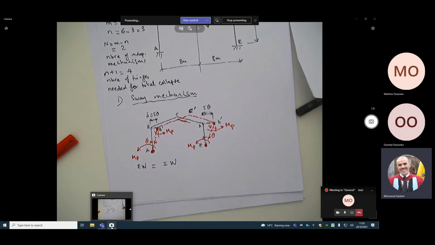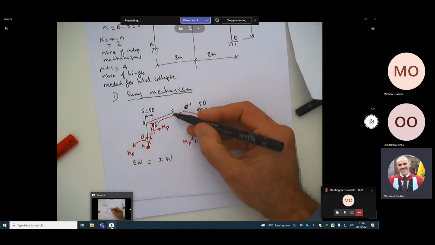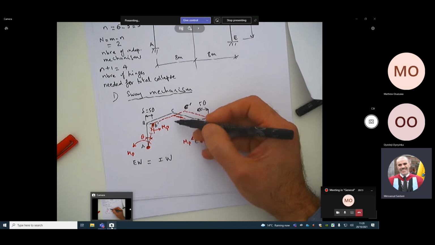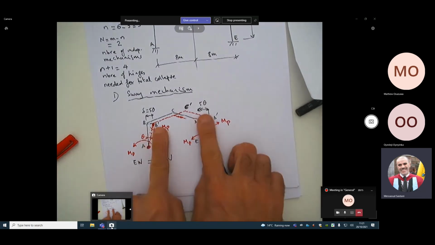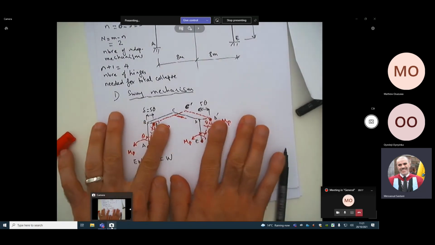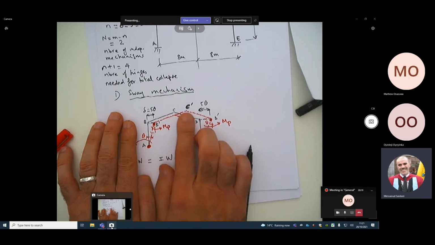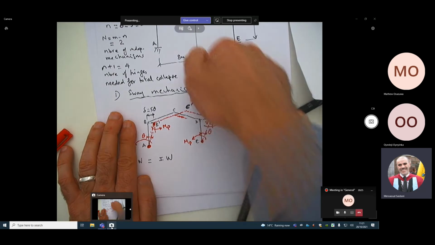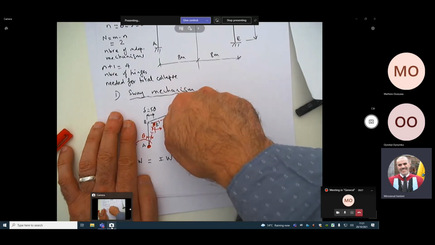Because it's a simple sway. It's a simple horizontal movement. You can see here, joint C does not move vertically at all. So you have your frame swaying this way, and that remains at the same level. So this here, A, B, C, D, does not undergo any deformation.